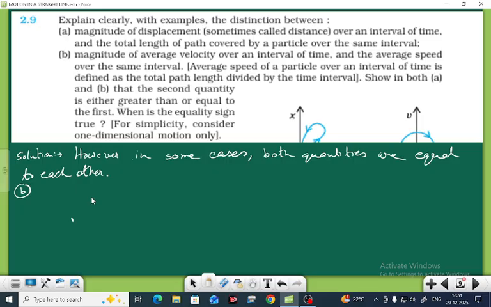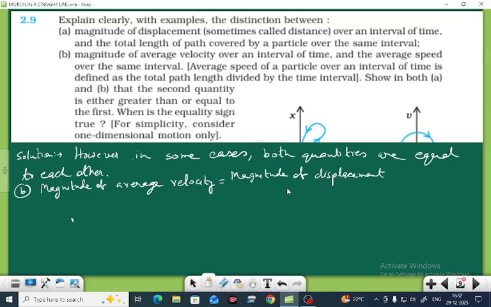You see here that the magnitude of average velocity is equal to the magnitude of displacement divided by the total time.